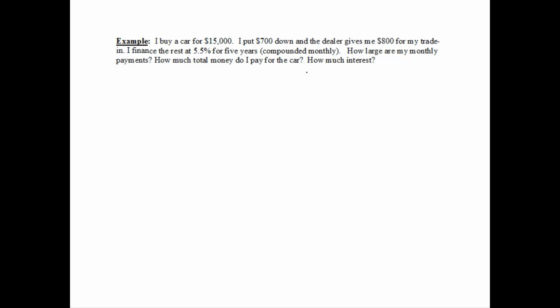Which one? Is the large lump sum occurring at the beginning, before interest, or at the end, after interest? It's at the beginning because I must pay the $15,000 for the car now. So that tells me I will be using the present value formula. Okay, let's figure out what our present value is.